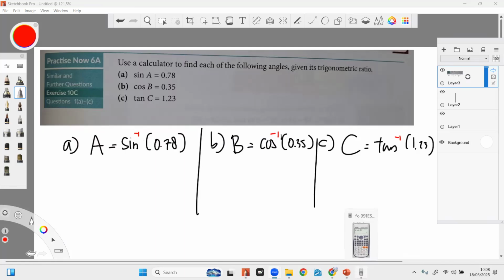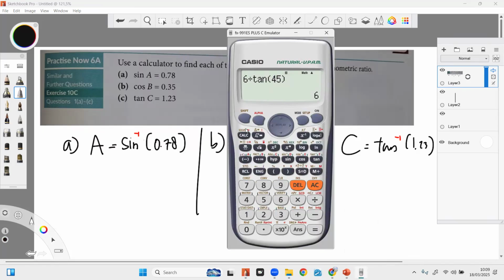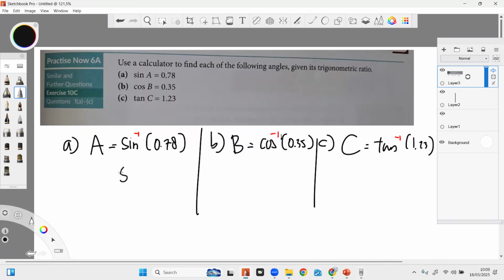Okay, now I'll start explaining. All is given. If you are finding an angle, remember, you use the inverse. Shift sine 0.78, you get 51.3. Put the degree on.